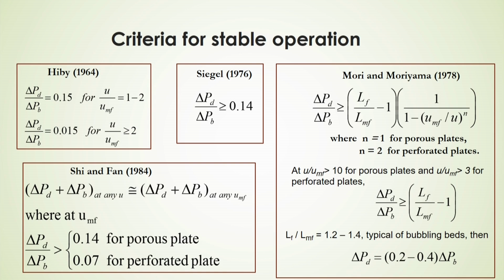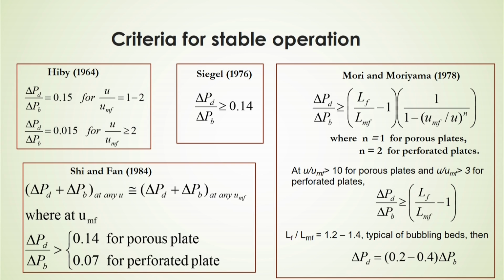So at higher gas velocity you have to consider a lower distributor pressure drop, whereas for a ratio of U to UMF below 2, you have to consider a higher distributor pressure drop.